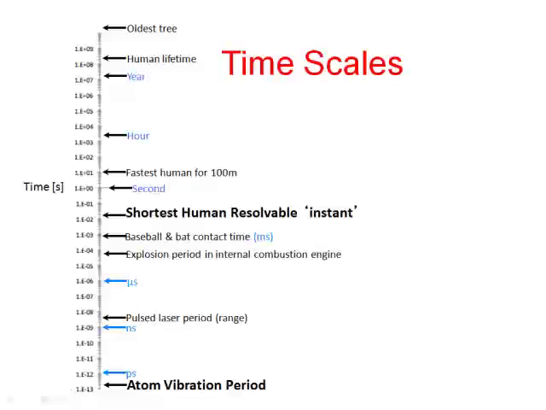So here's time scales, and this is the logarithmic scale. Remember logarithmic scale, for example, you're going from a second to 10 seconds to 100 seconds to 1,000 seconds to an hour, which is 3,600 seconds. And so anywhere you put on this is a factor of 100x.